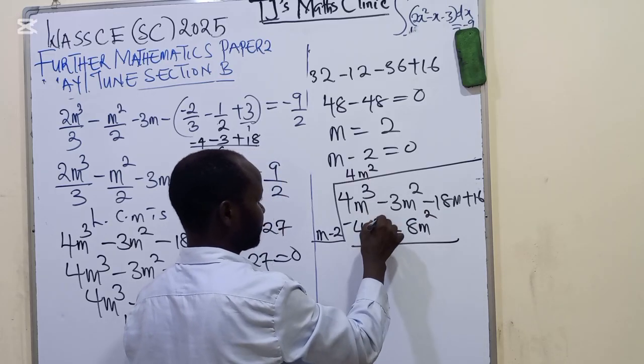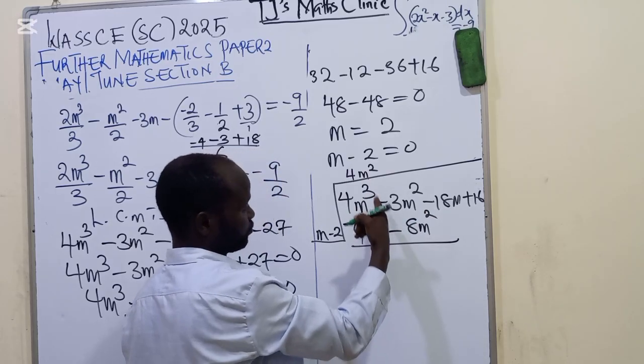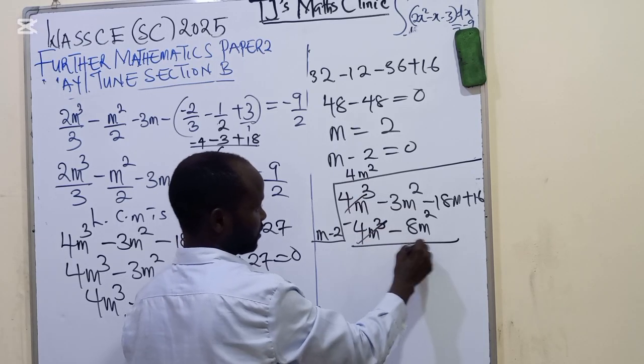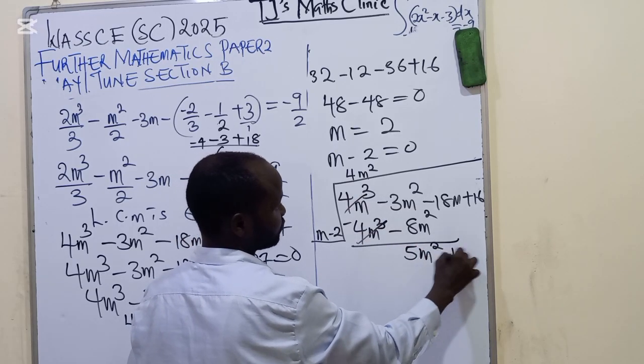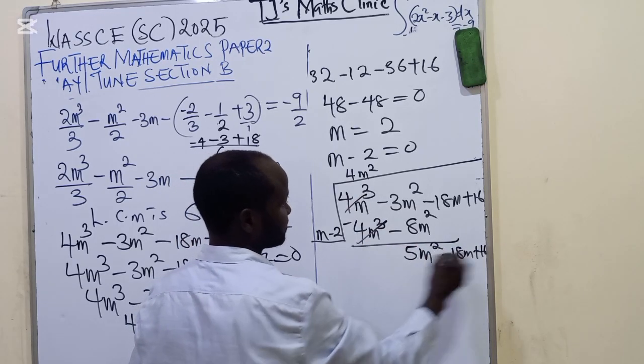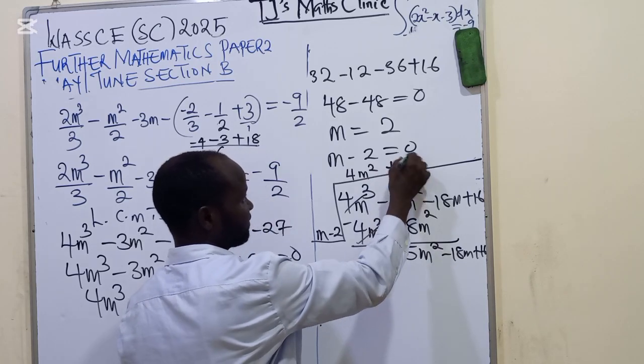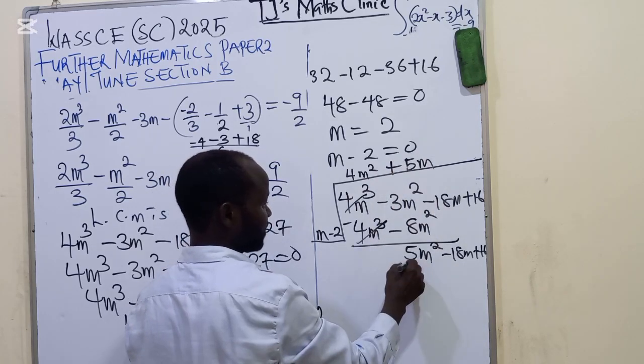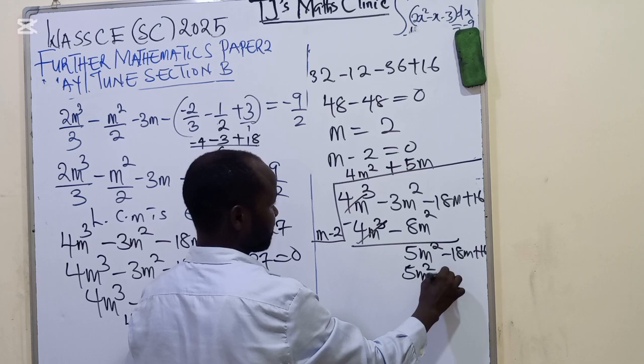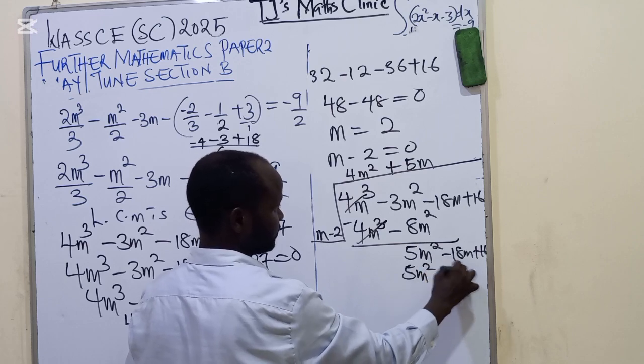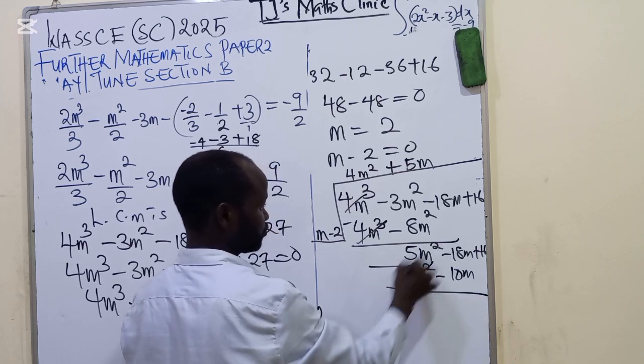Subtracting, 4m cubed minus 4m cubed is 0. This will be 5m squared minus 18m plus 16. That will be plus 5m. We multiply back 5m squared minus 10m. What do we have? This will be 0.